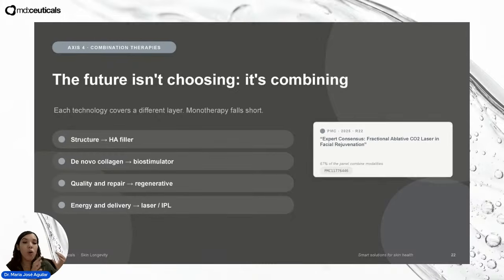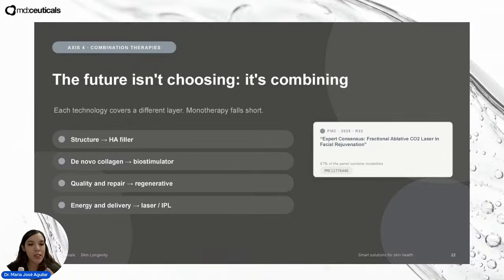It's to always know that we need to do this combination between anti-aging treatments and longevity treatments. If we are going to do a structural treatment with a hyaluronic acid filler, we need to do a collagen stimulation, which could be with a biostimulator or a skin booster.